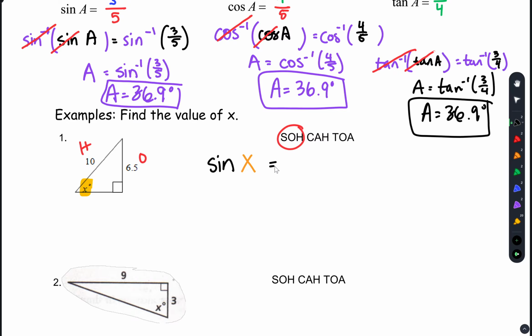And on the other side of the equal sign, that is where my ratio goes, 6.5 over 10. Now that x is trapped in there, I do not want to see anybody trying to divide by sine anything. To get rid of that sine, we are doing inverse sine of both sides.